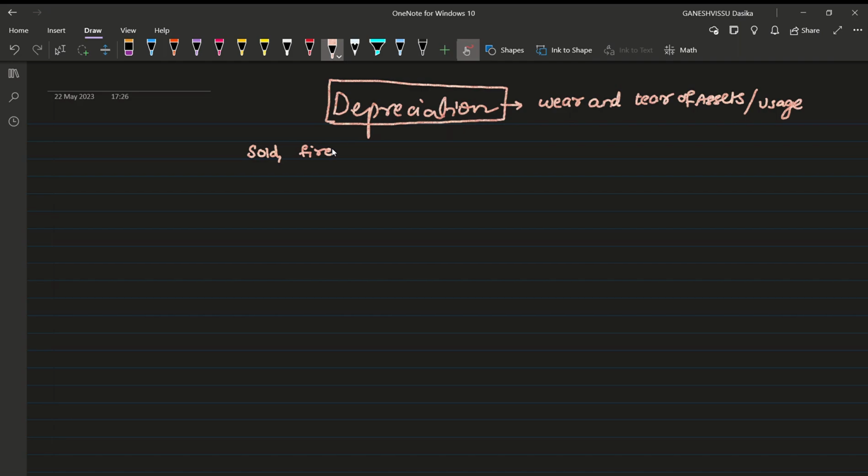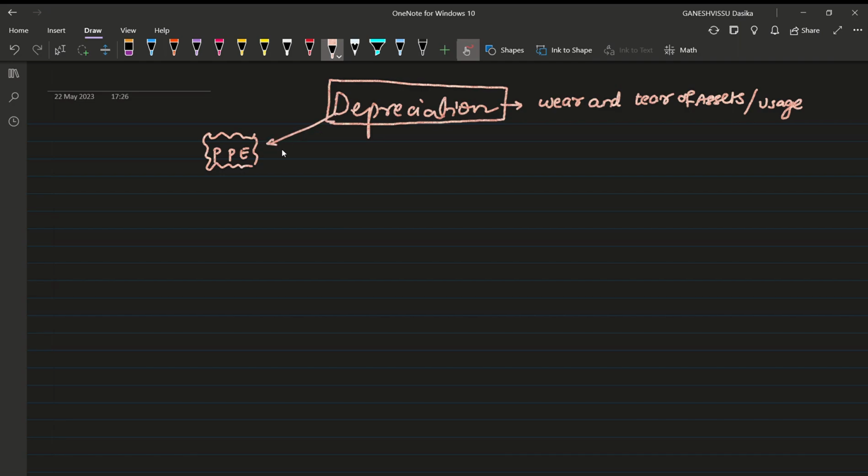So these are some possibilities, but usually, with the effects of time, the value of the property, plant and equipment, I am writing PPE, will be decreasing. That decrease in the value is known as depreciation here.